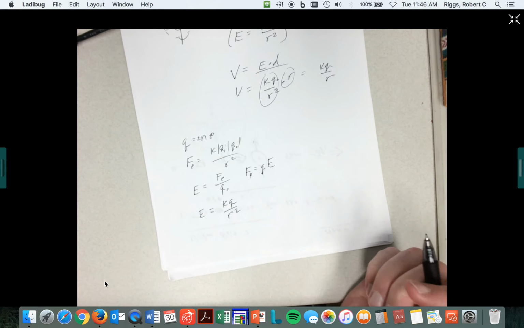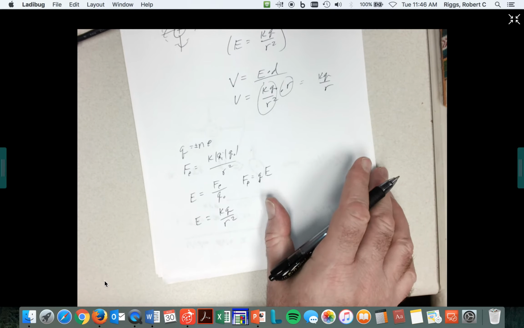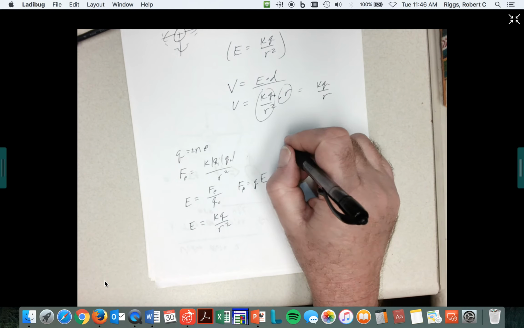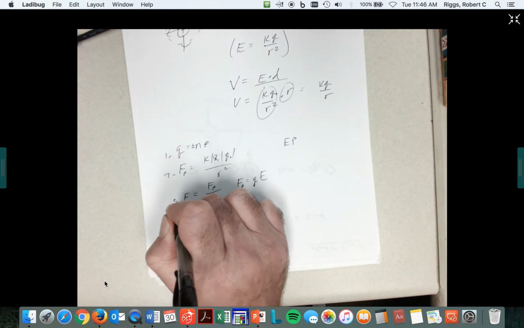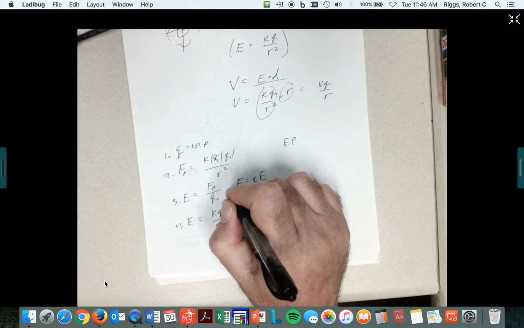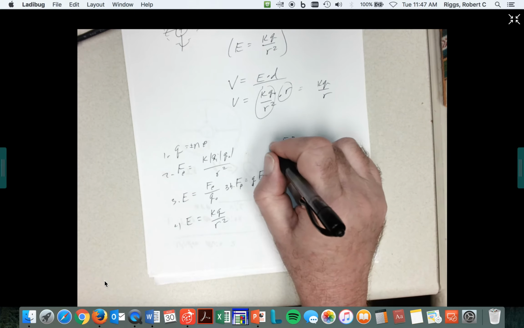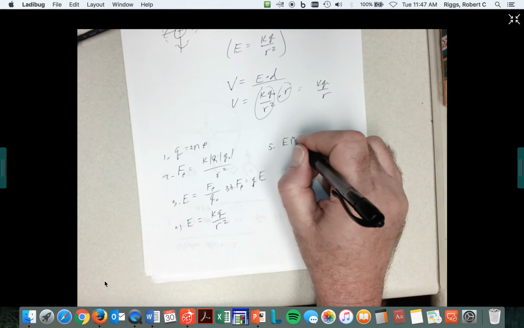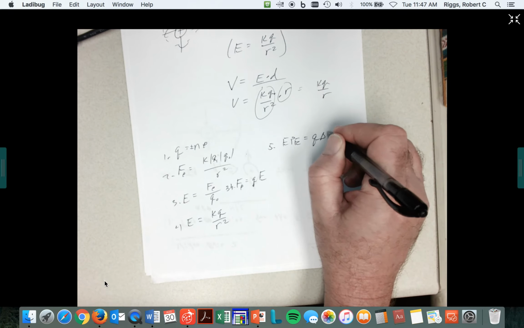And we've learned that the electric potential energy, so here's equation 5, is equal to Q times the change in voltage.